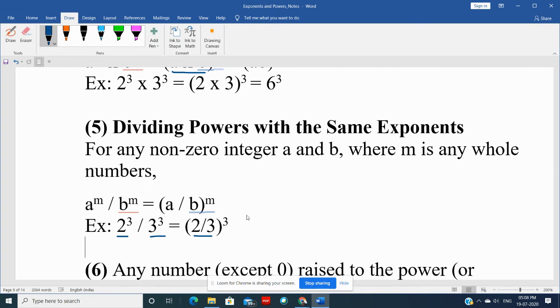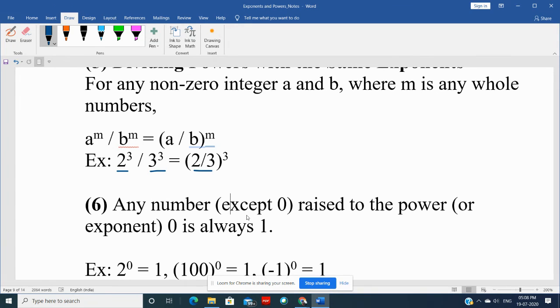You just have to be very attentive to it and apply your own logic. Next is any number except 0 raised to the power 0 is always 1. Any number but not 0. If there is a 0 power on that number, then your answer is 1.